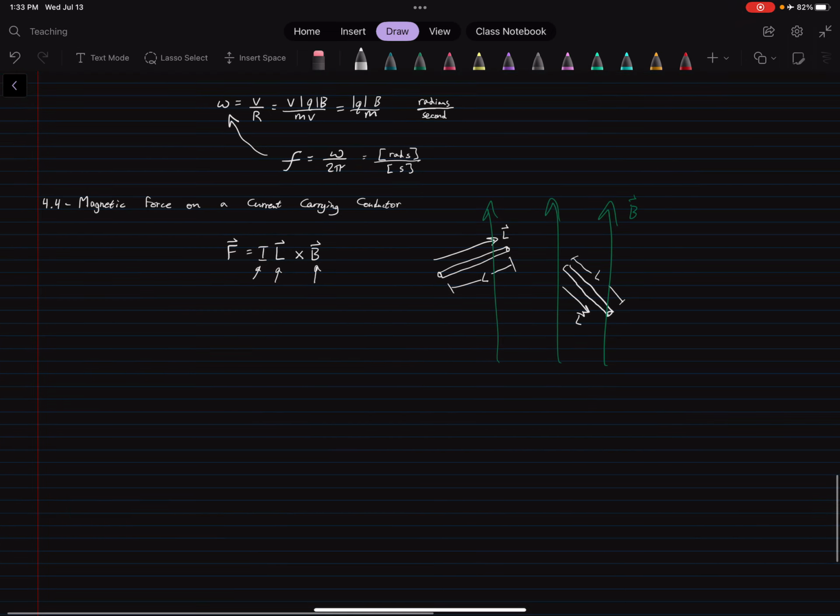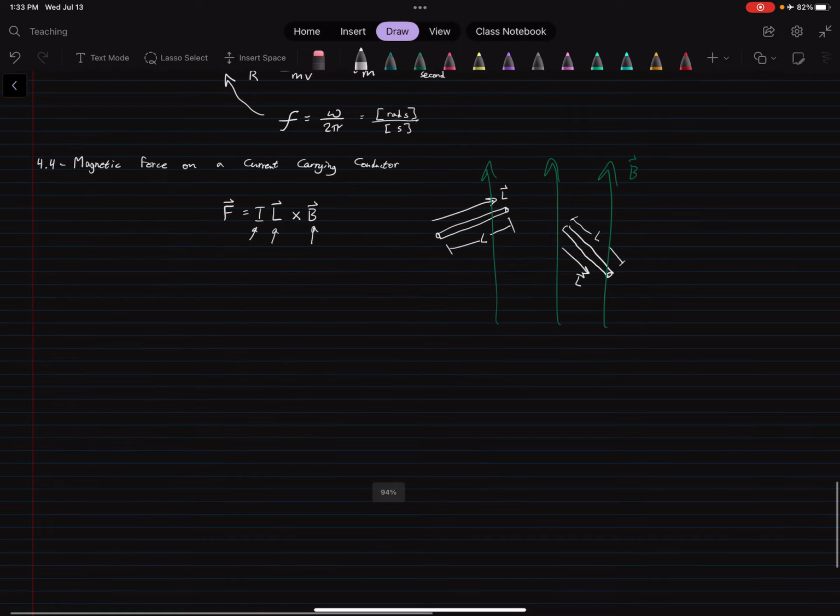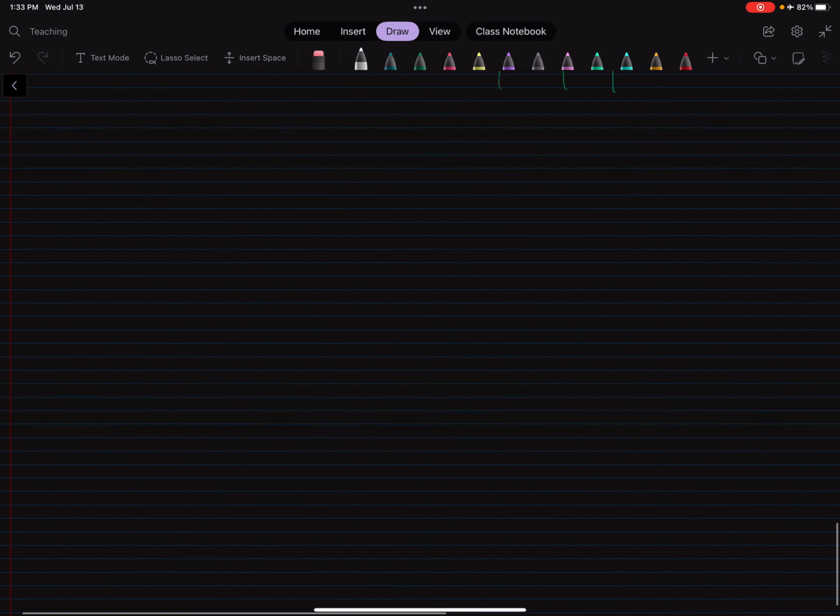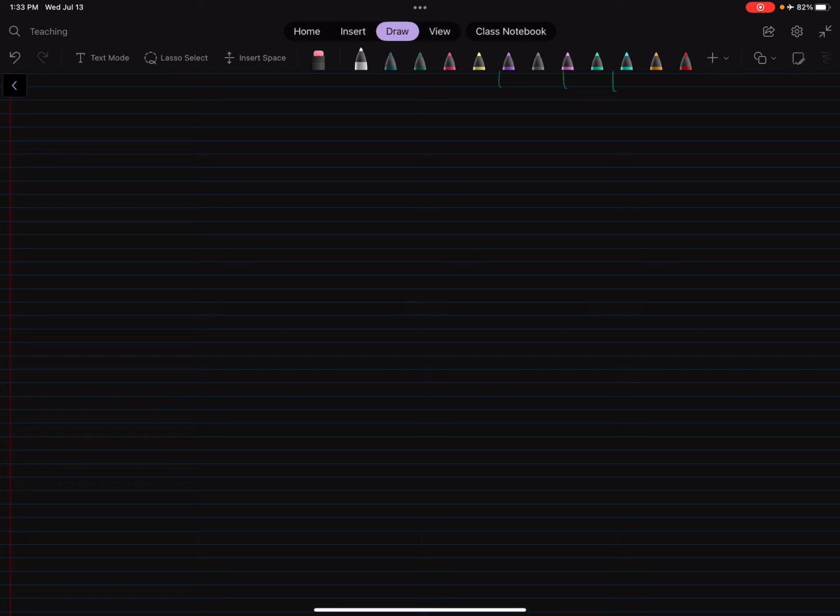So if we have, let me get a whole new space here, and let me think about what colors I want to use. Well, if we have some speaker cone like this, right? And we have a voice coil. So I'm going to use blue for the current, I think is what I had used.